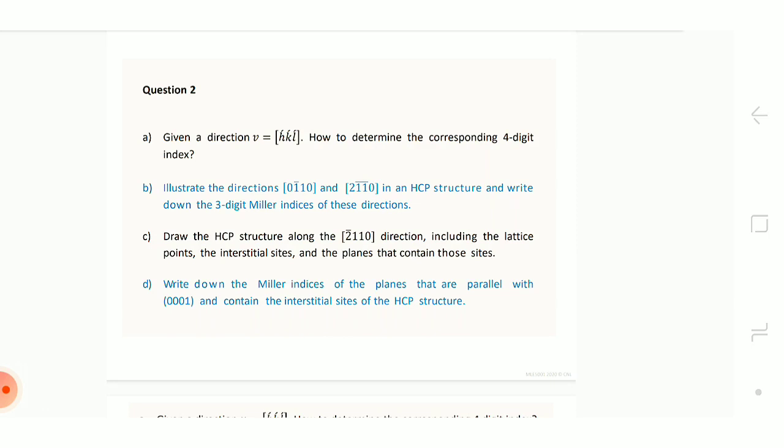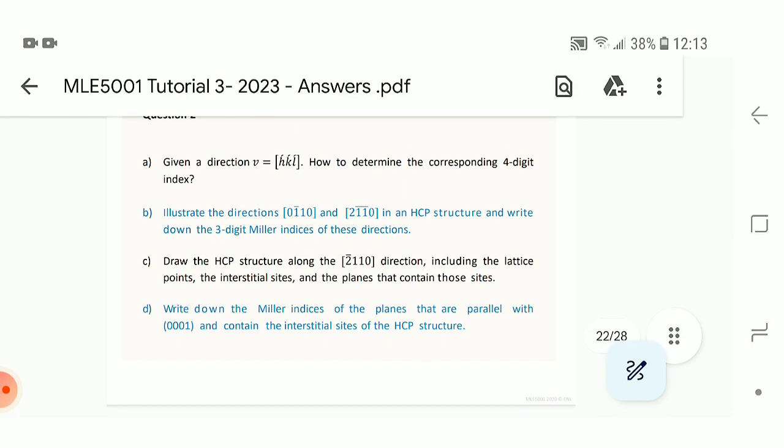Both notations are equivalent and we can use them interchangeably whenever it's better, because the four-index system gives you one extra piece of information about the direction, some hidden information that is highlighted.